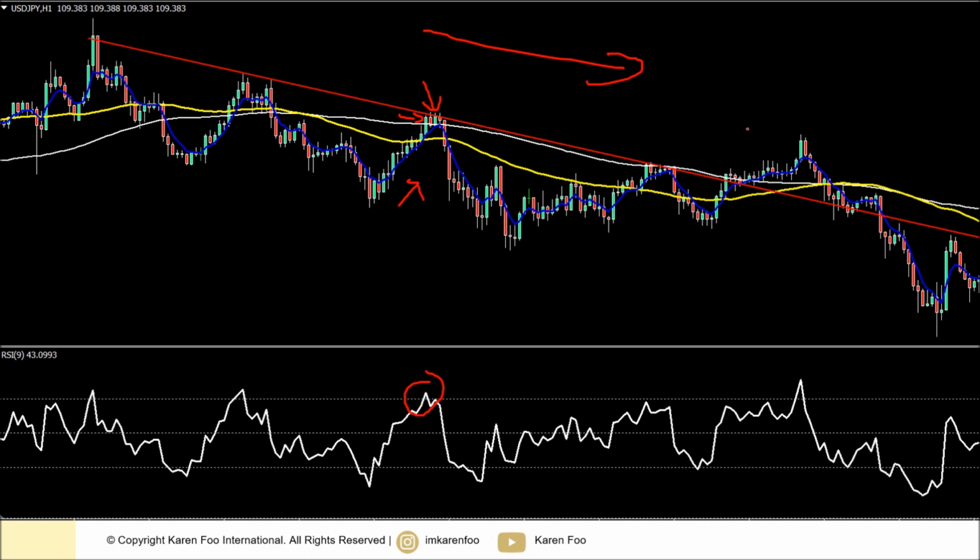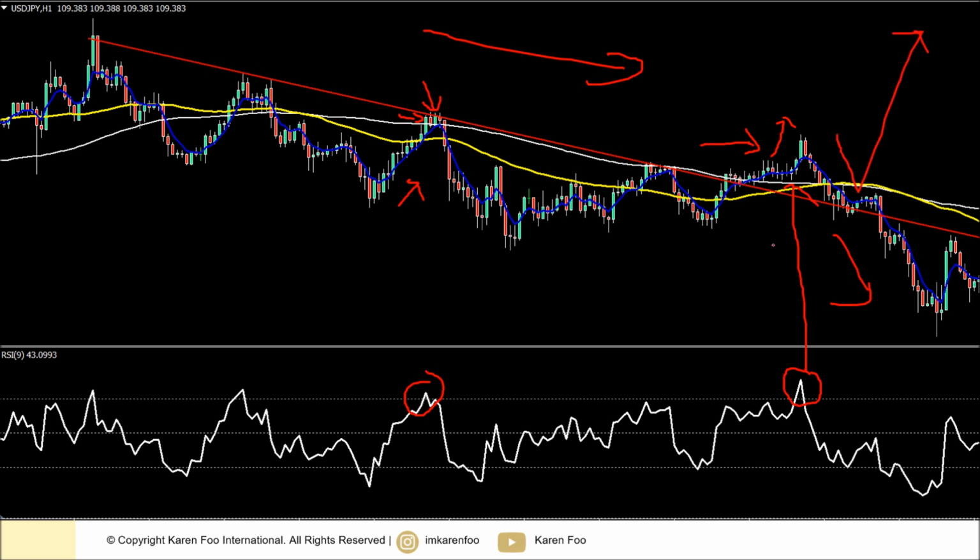But right after that, you can see price made a false breakout over here, okay, and then came back down. How do you spot a false breakout? One way is to use RSI. If it breaks above the trend line and gave you an overbought signal right here, okay, high chance it will retrace or even be a false breakout, because it is normal for price to break the trend line above and then come down, test the trend line again, and then bounce off.